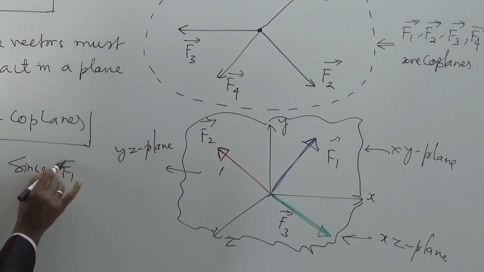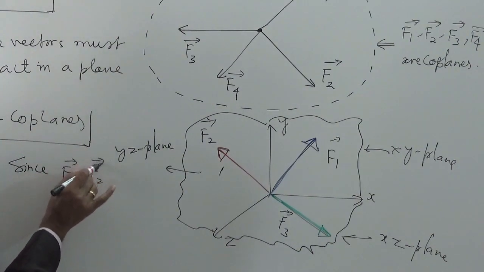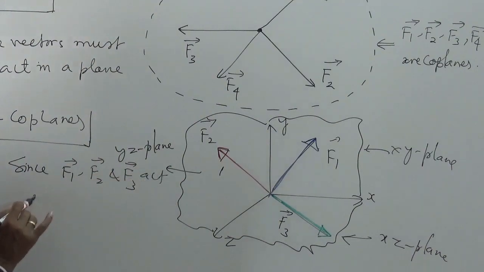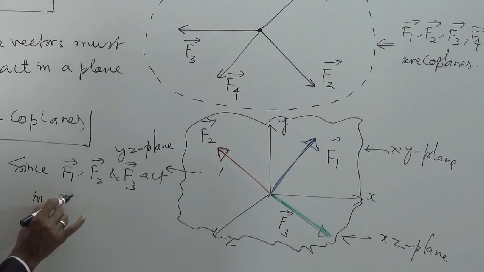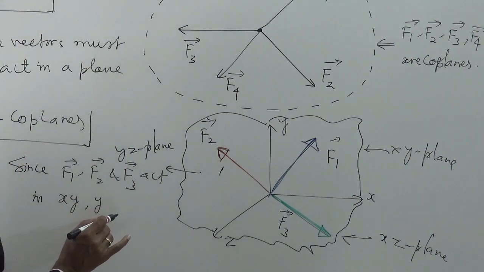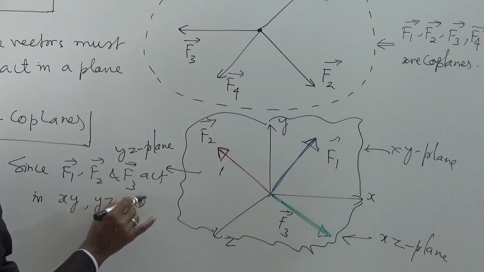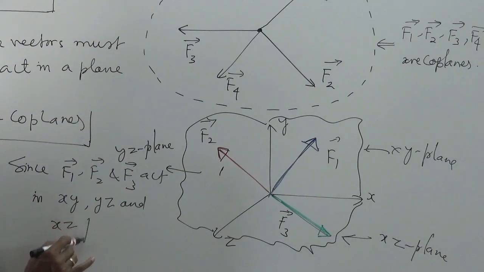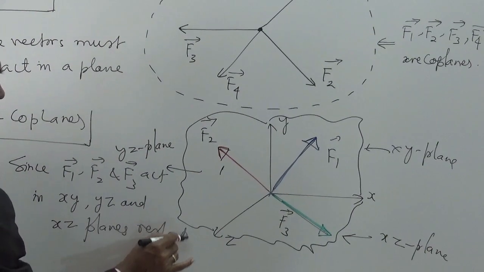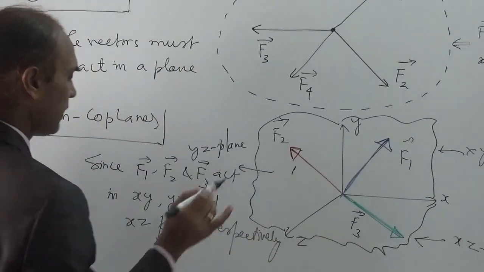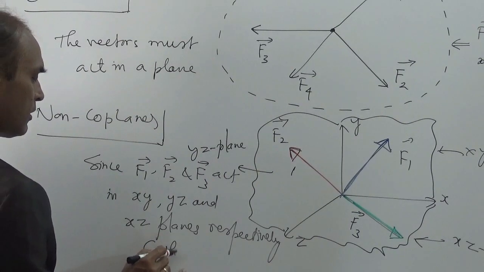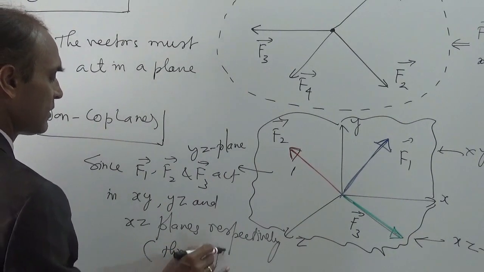Since F1, F2, and F3 act in the XY, YZ, and XZ planes respectively, we have three different planes.